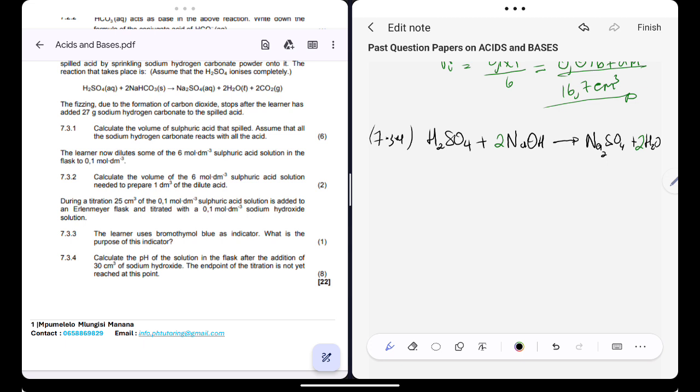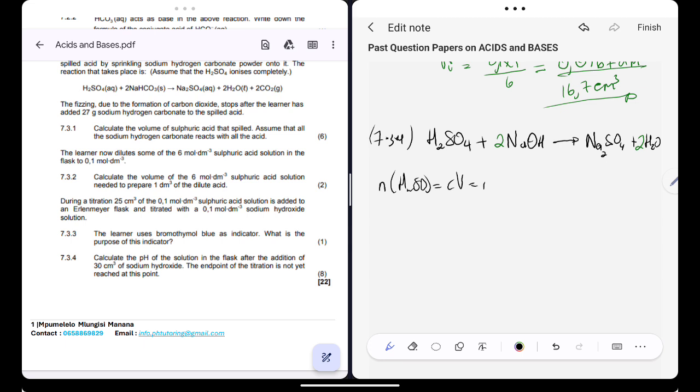Okay, let me find out which one between the two is the limiting reagent and which one is the reagent in excess. The one which is in excess is the one that will help us to determine the pH of the final solution. Okay, the number of moles for sulfuric acid, I'll simply take the concentration multiplied by the volume.